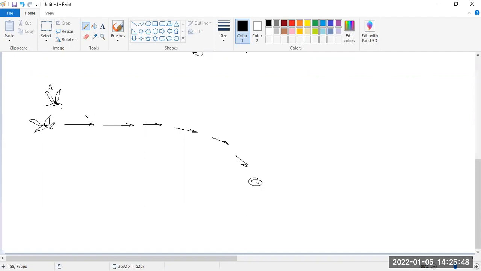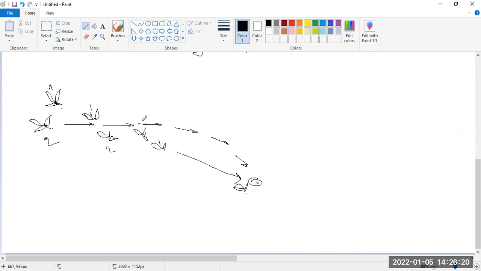Say this is one, this is two. Continuously they are changing their position. This is called the local best position. And whichever bird reaches the food position, this is called the global best position.